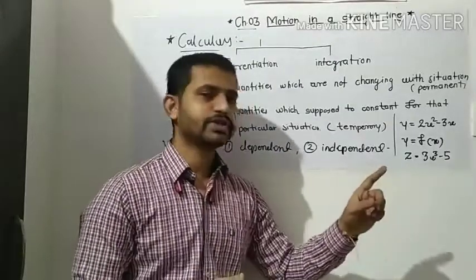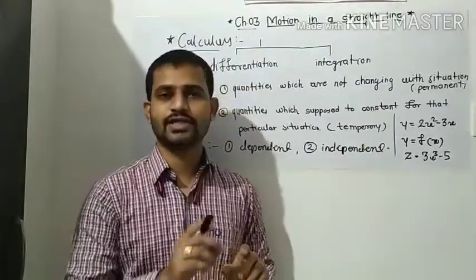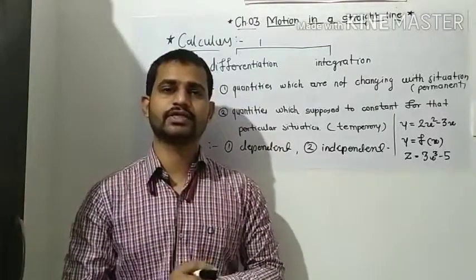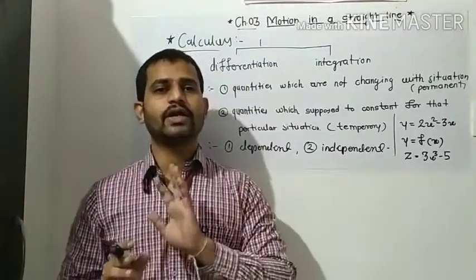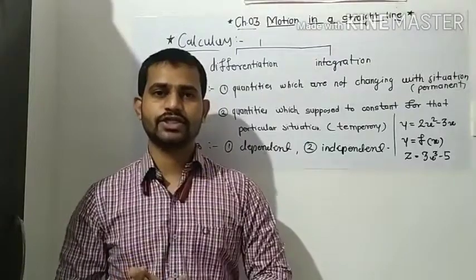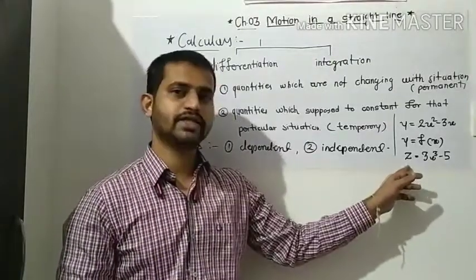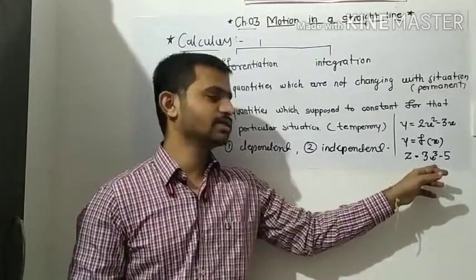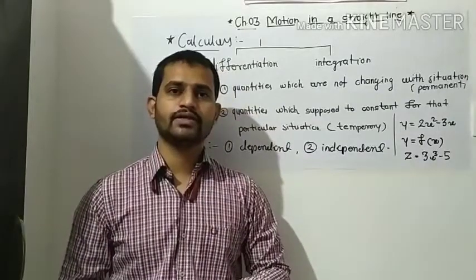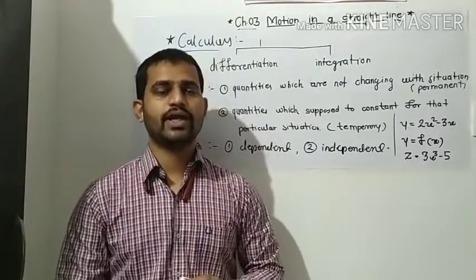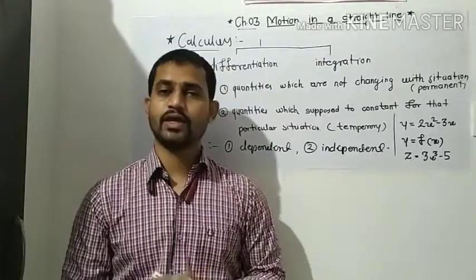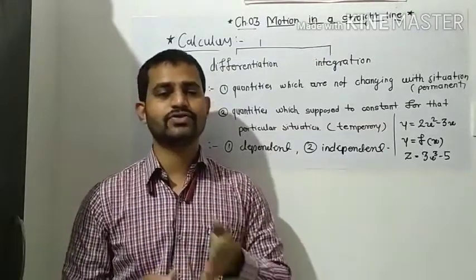But the situation is that, as per the condition given, z is equal to something in terms of x, so the independent and dependent terms change here, because in this case z is the dependent and x is the independent. Suppose we have another value, x is equal to cos of theta.